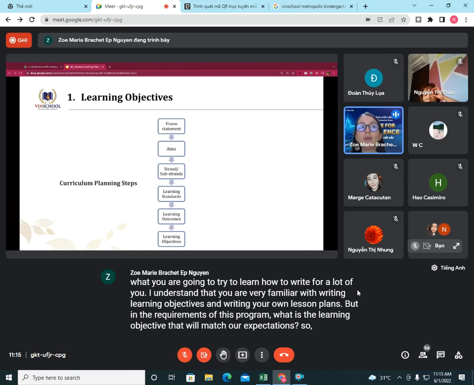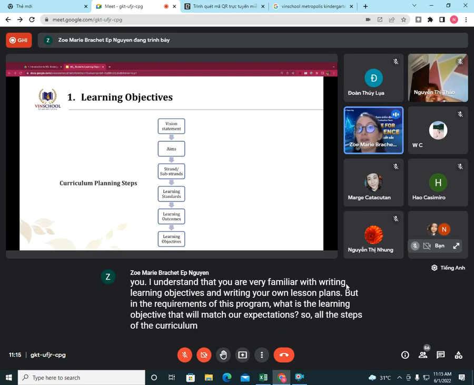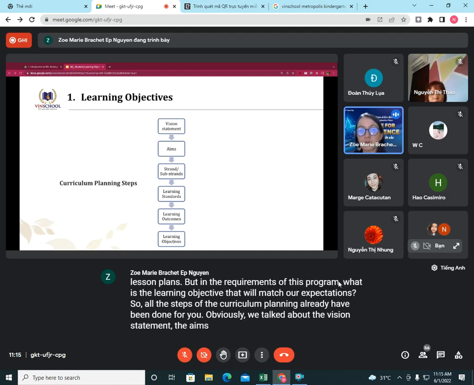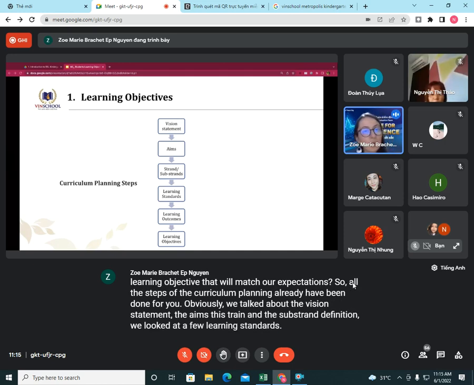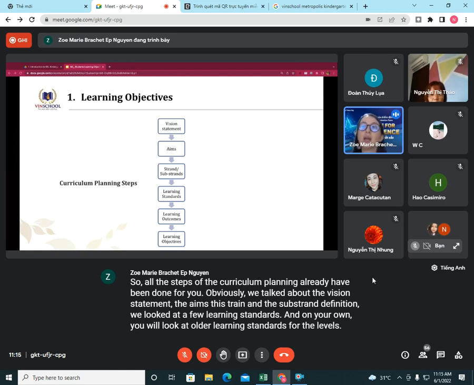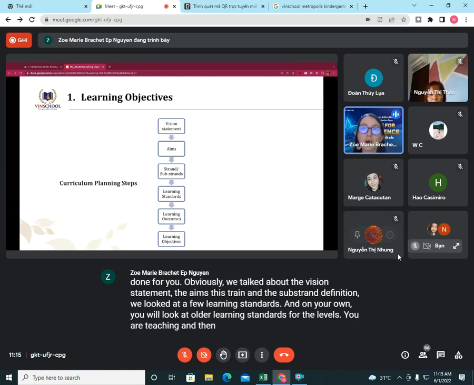All the steps of the curriculum planning have already been done for you, obviously. We talked about the vision statement, the aims, and the strand and sub-strand definitions. We looked at a few learning standards. And on your own, you will look at all the learning standards for the levels you are teaching. And then the unit outcomes are presented in each of the units.